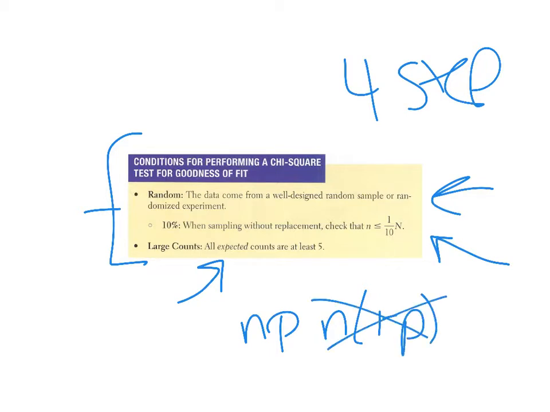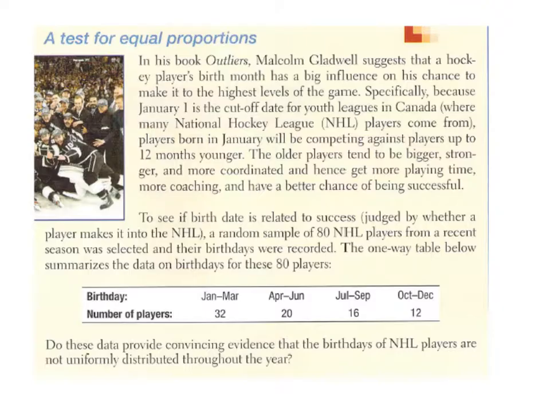I'm not looking for those. I'm just looking that all my expected counts are at least 5. So every single category has an expected count of at least 5. And if that is true, then I'm all set and I meet my conditions there. Okay, so we're going to do one big chi-square example all the way through.